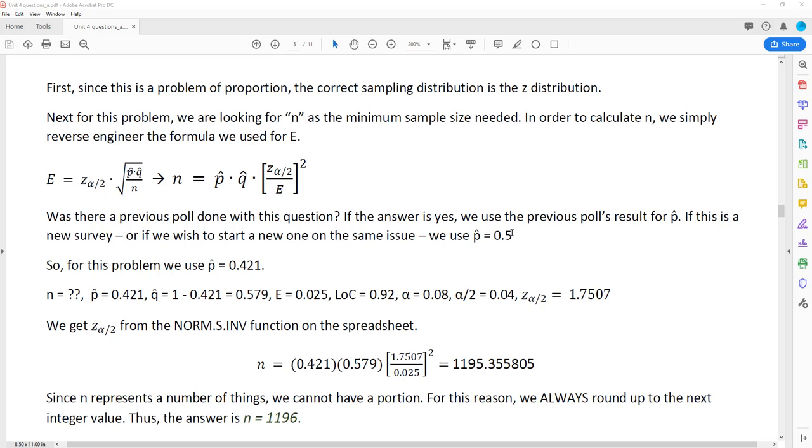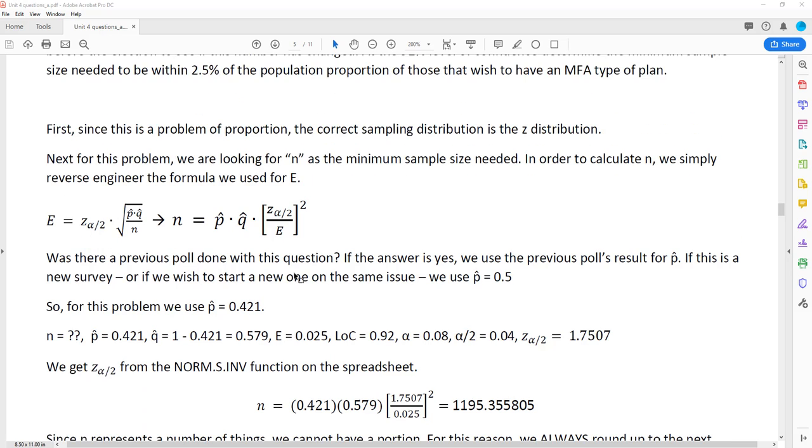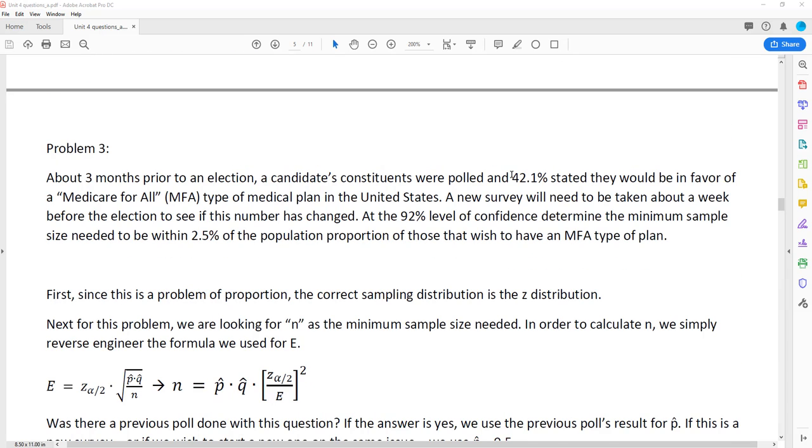In other words, the default p hat when we're looking for a minimum sample size is 0.5, meaning 50%.